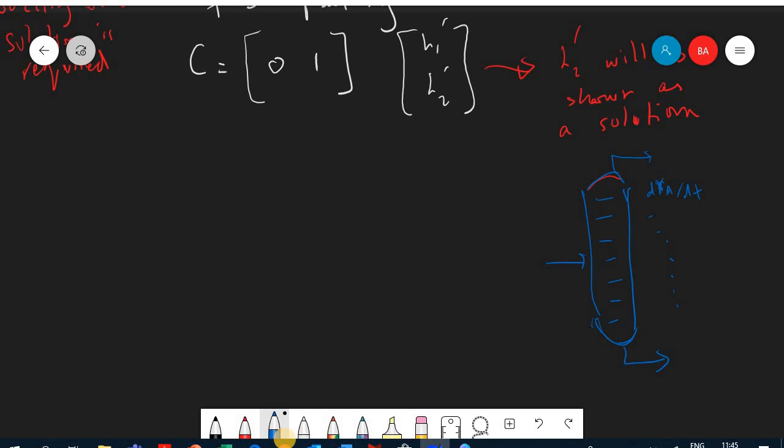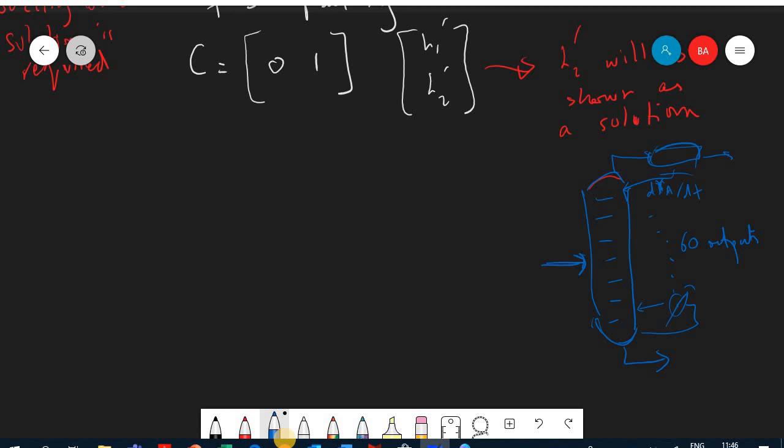To make that even simpler, I could have 60 plates, so 60 outputs, or 60 state variables, and one input, or I could have a reboiler as well, and a condenser going back.